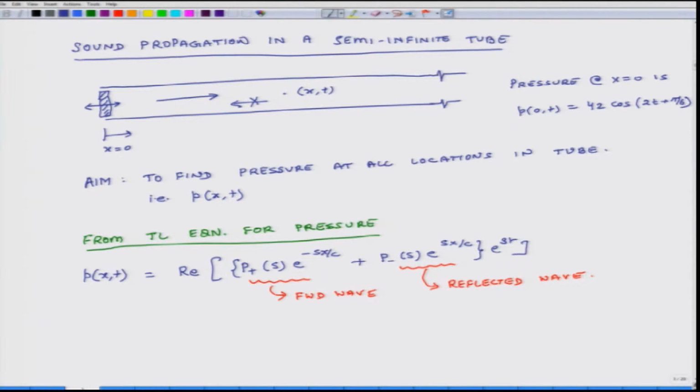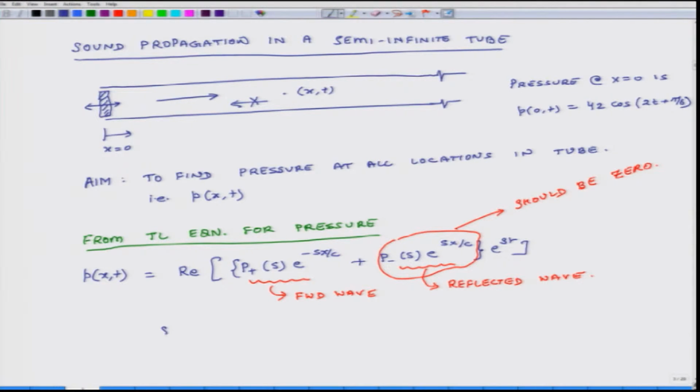So, if the wave has no reflected component, then this term should be 0, and it should be 0 at all times and at all locations of x.